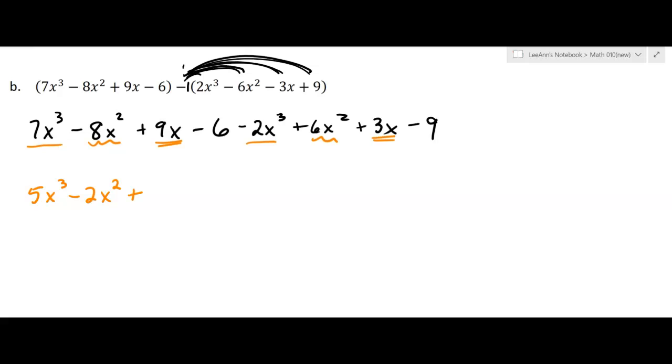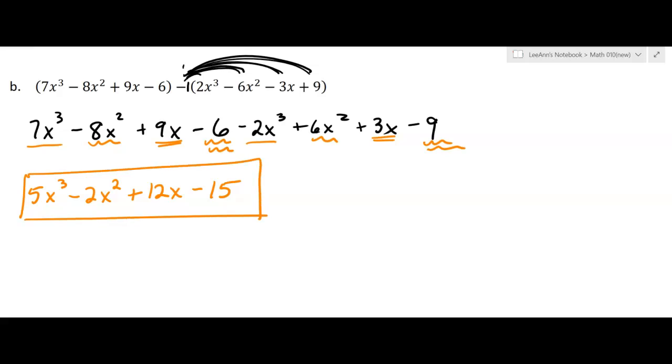Sounds like 12x to me. And then I have a negative 6 and a negative 9. I like to draw the little marks underneath to make sure I don't miss any terms. But a negative 6 and a negative 9 is going to be minus 15. And that would be the polynomial in standard form.